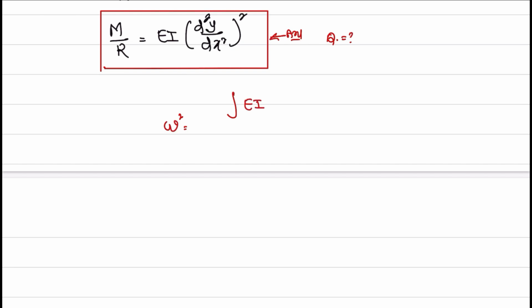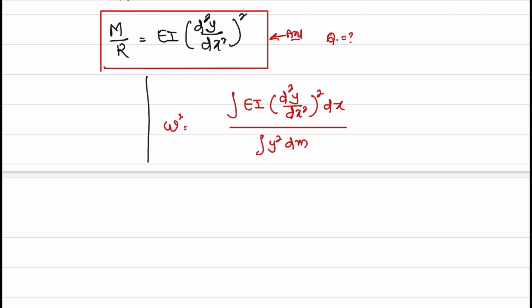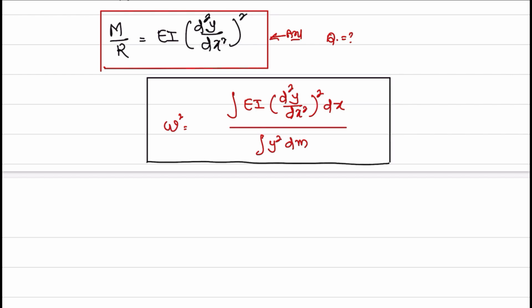EI d square y by dx square whole square dx whole divided by integral y square dm, where m is the mass of the beam. Small m is the mass of the beam. dm is the small m.